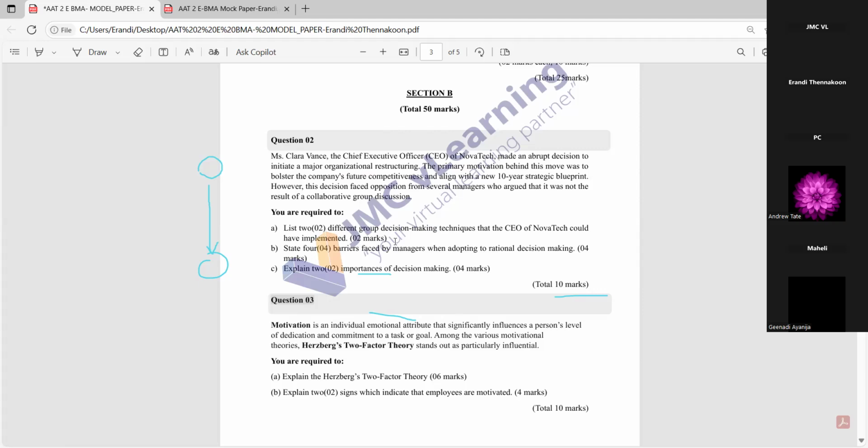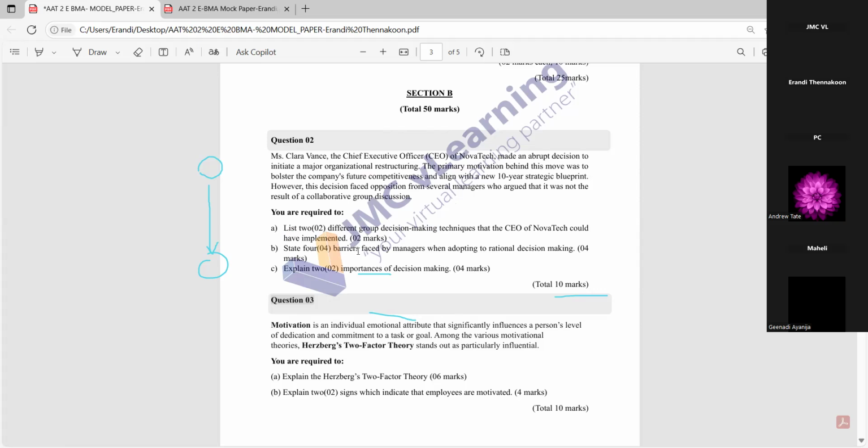Maybe the Delphi method, or maybe the Dedux method, which refers to authoritative decision making, or else the nominal group technique, a structured method to prioritize ideas by combining individual and group inputs, right? And then brainstorming. So you can go for answers like Delphi technique or brainstorming for this kind of question.